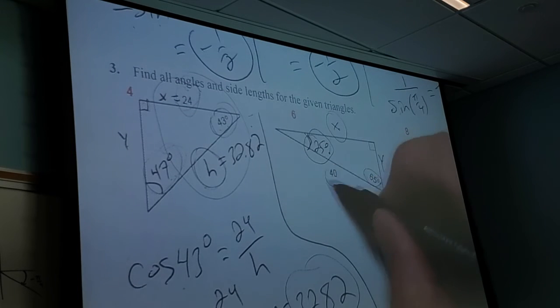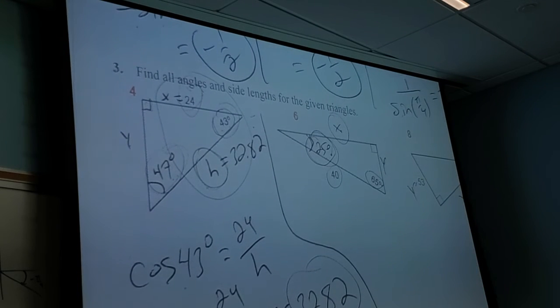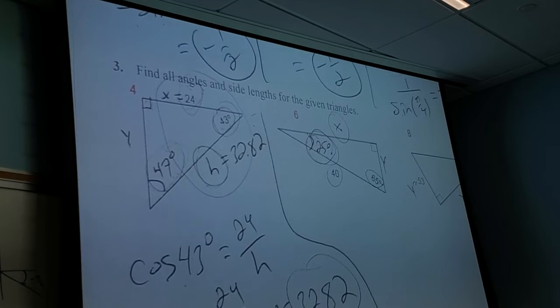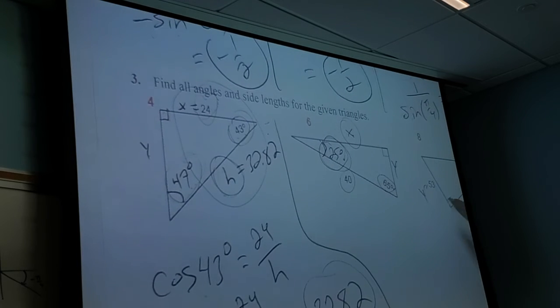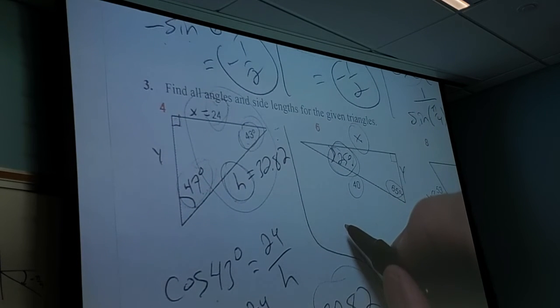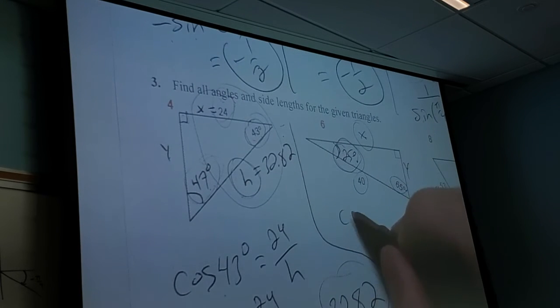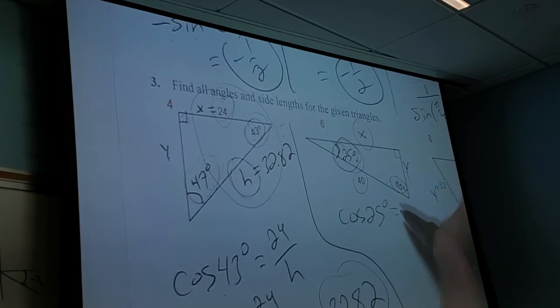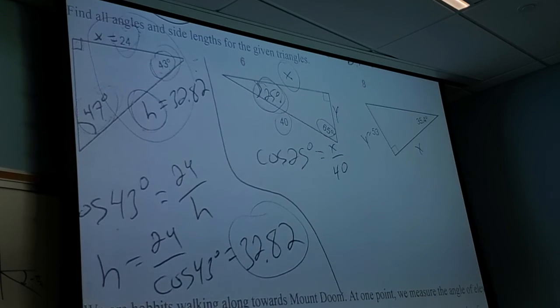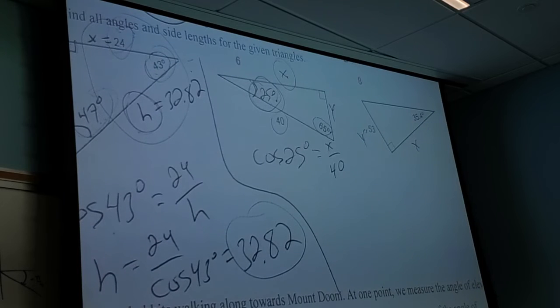I know the hypotenuse, and I know this angle. What would relate those things? X and the hypotenuse. Cosine, yeah. Cosine of 25 is x over the hypotenuse. And then I can just solve for x, right?